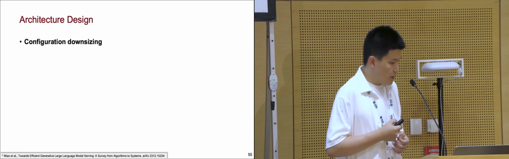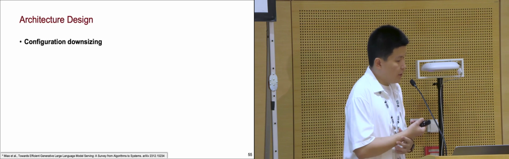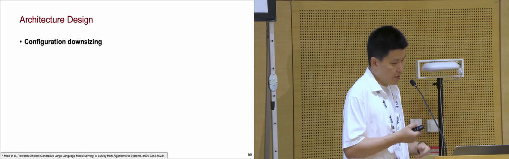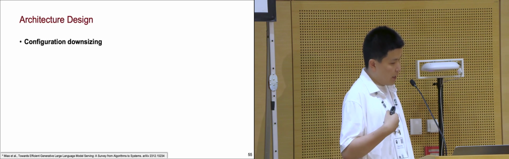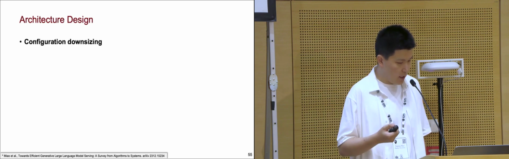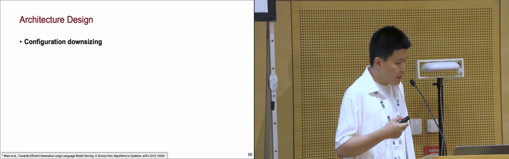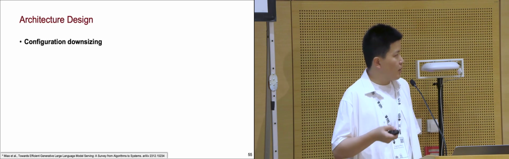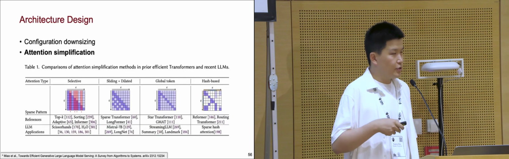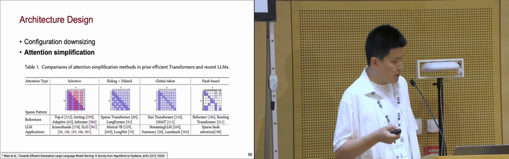Okay, that's a quick summary of the first highlighted research in our past projects. And the next thing in the decoding algorithms is called cascade inference. This technique also introduces another small model or even more small models, but the execution flow can be different.